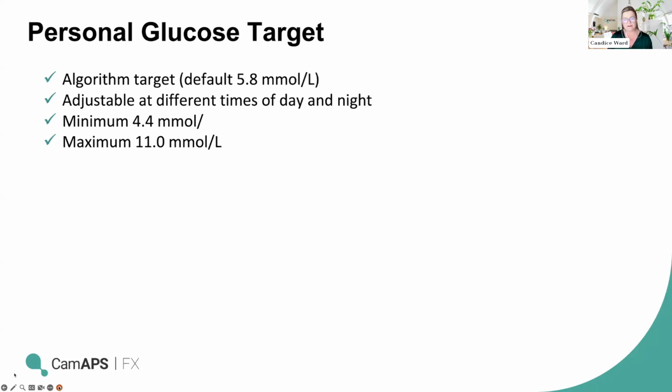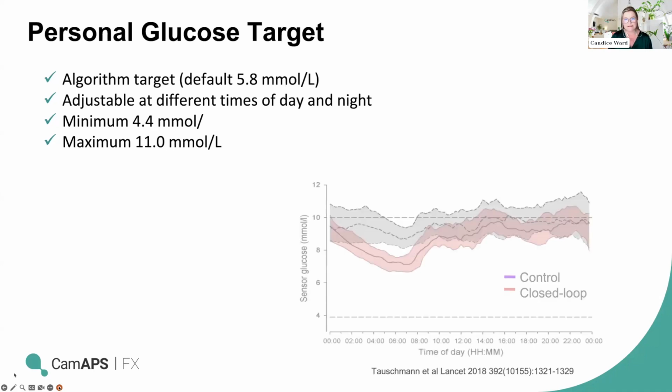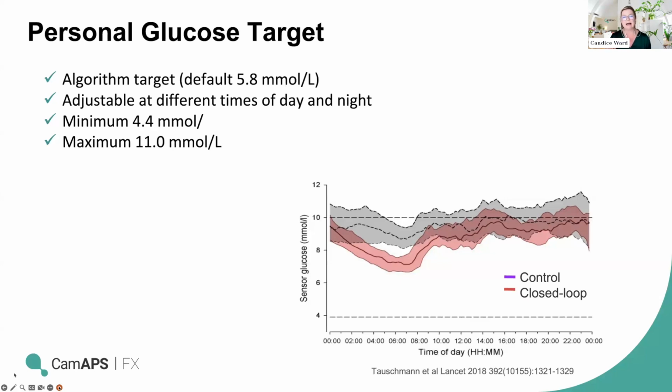The under 5 settings are there specifically for pregnancy, which is one of the reasons why this system is licensed and has that clinical evidence, because we have that lower personal glucose target that can drive that tight control. And just remembering from all the studies, this is from the pivotal study, Stewart and co., that often we need lower personal glucose targets at night and slightly higher personal glucose targets during the day.